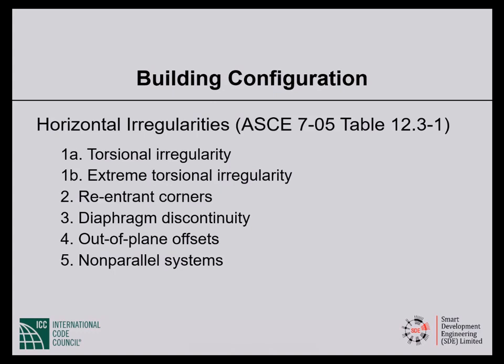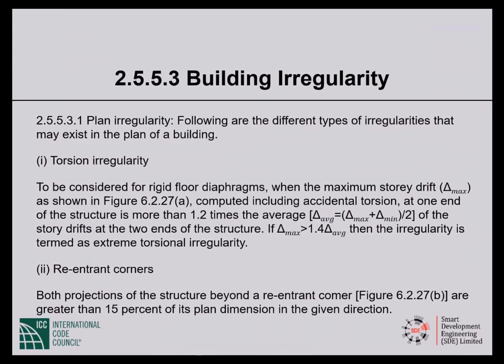The first one, torsional irregularity, at one point in 2000 IBC was split into torsional and extreme torsional, and we will look at the definitions. The definitions are contained in section 2.5.5.3 of BNBC 2020.